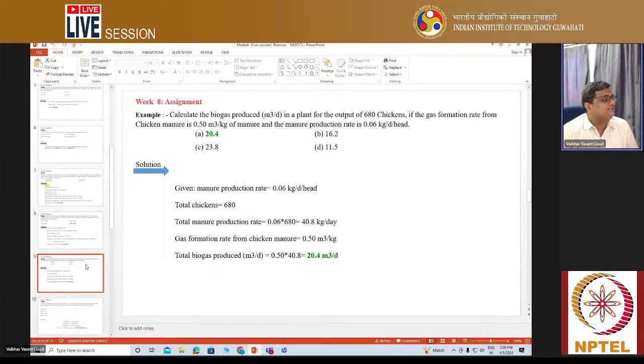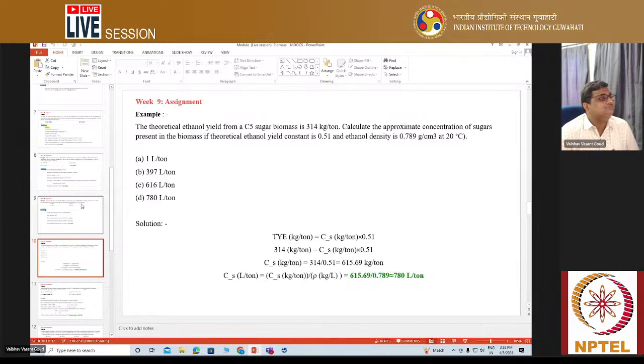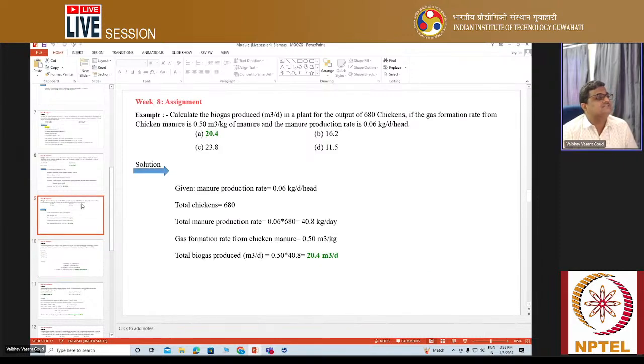So another example, related to assignment 8, is about the calculation of the biogas which is produced in a plant for the output of around 680 chickens. If the gas formation rate from this manure is around 0.5 meter cube per kg, and the manure production rate is around this much.